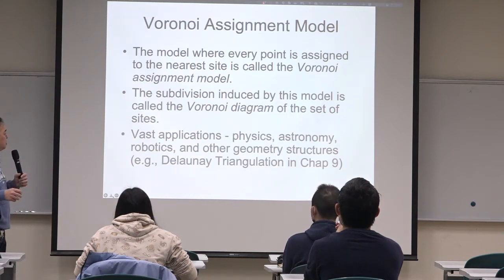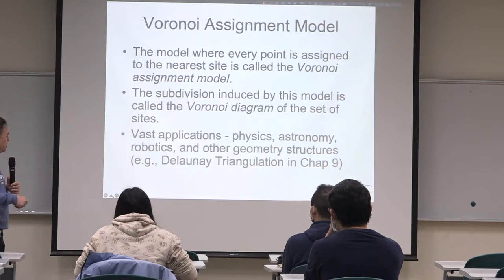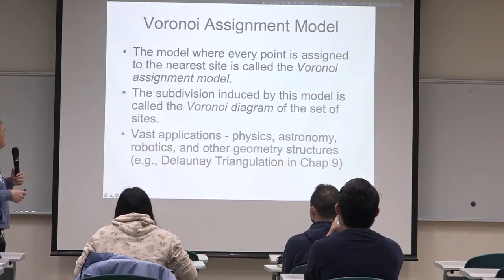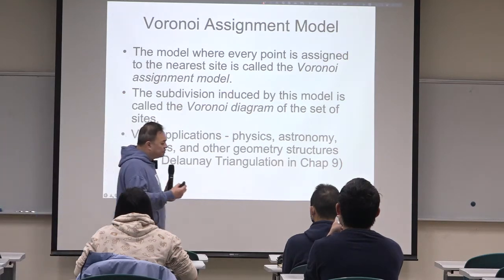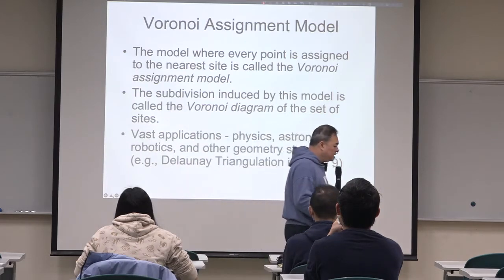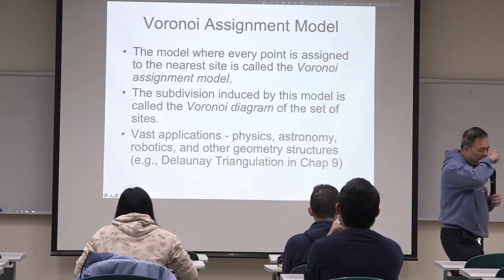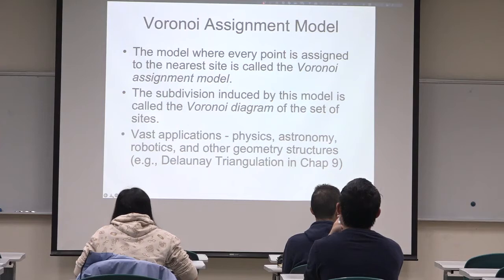So the consideration is much more complicated than the one that we discussed earlier. But the discussion of dynamic triangulation in the next chapter is also based on the Voronoi diagram. So you can see that this Voronoi diagram concept is actually a very important one.